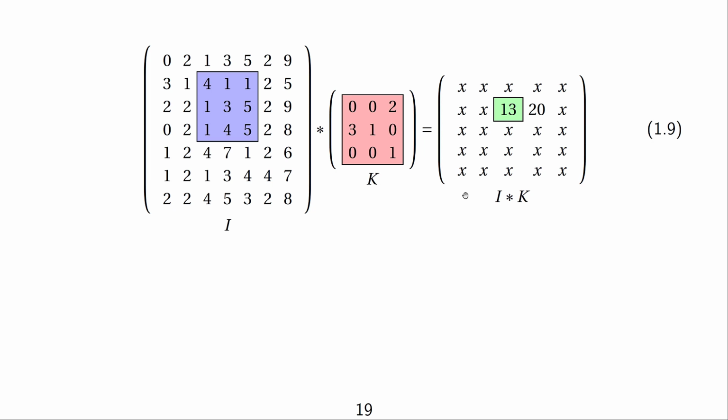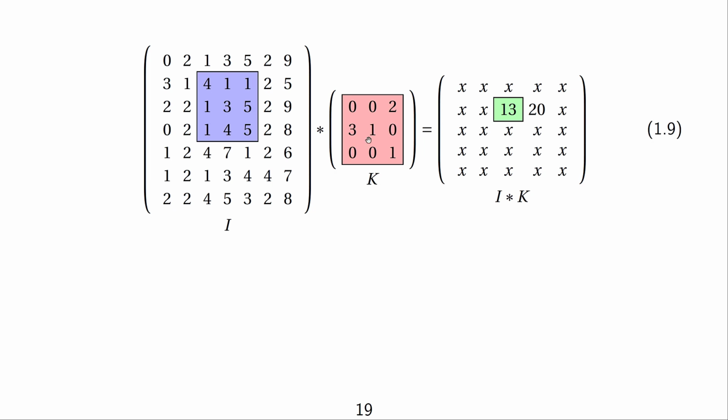What we are doing to compute a particular output value is we're going to take this filter K here and we're going to place it over a particular pixel.